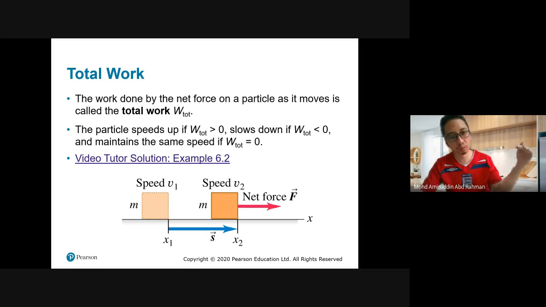If it moves to the right and speeds up, then we have W total bigger than 0. It slows down if W total is negative, or less than 0. And if it maintains the same speed, then W total equals 0. Okay, so let's look at an example.